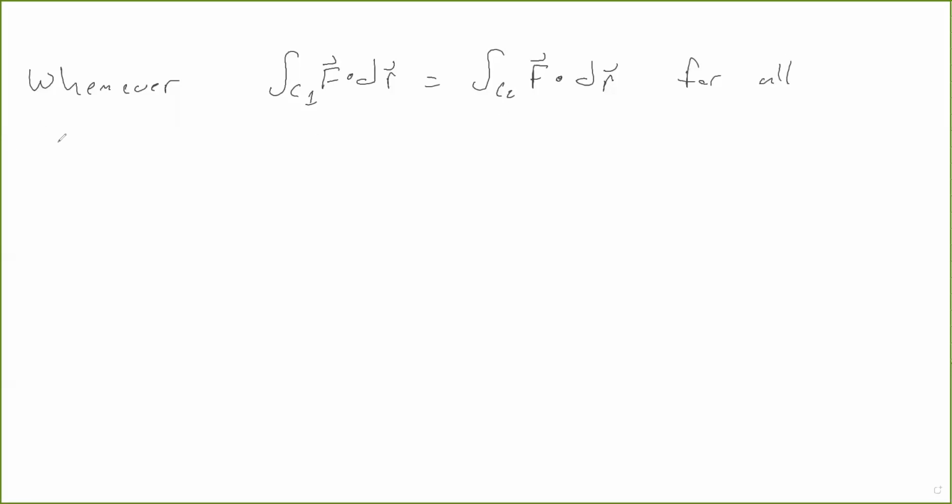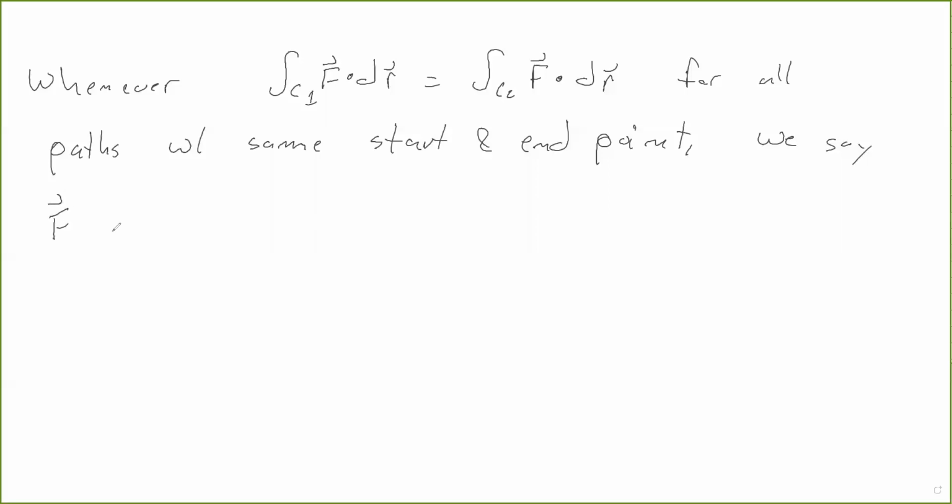So whenever this is true for all paths with the same starting and end point, we say that F is path independent.